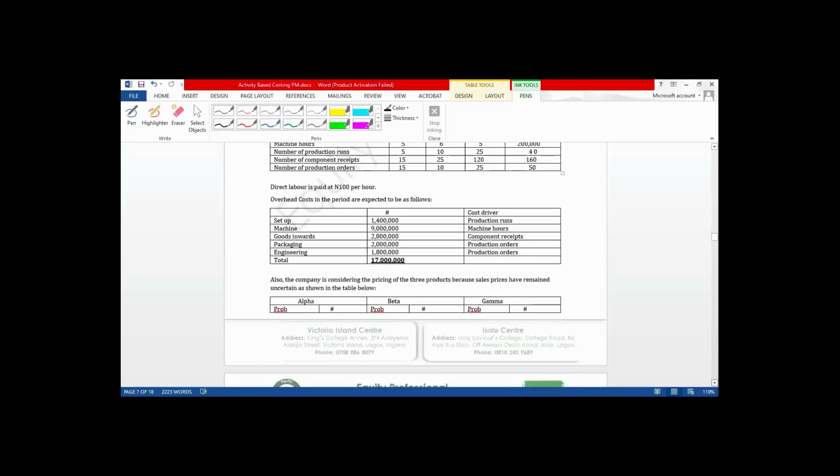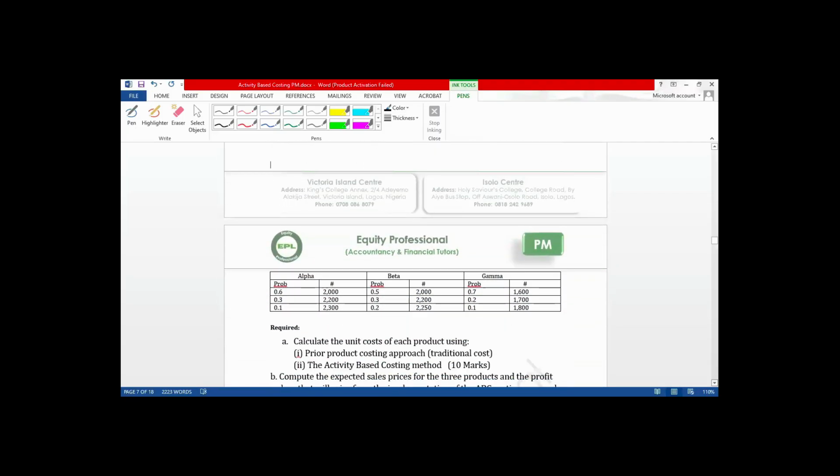Also, the company is considering the pricing of the three products because sales prices have remained uncertain as shown in the table below. Look at below. You have the probability and possible prices.